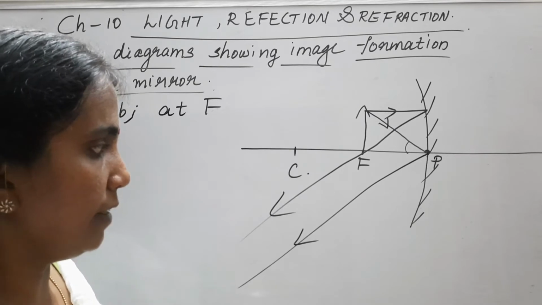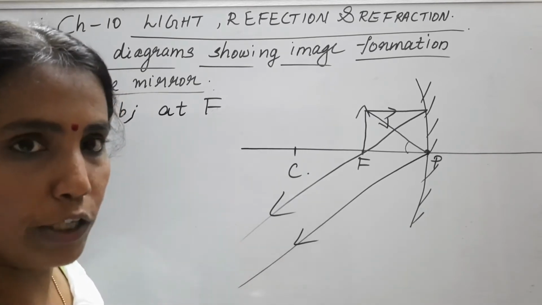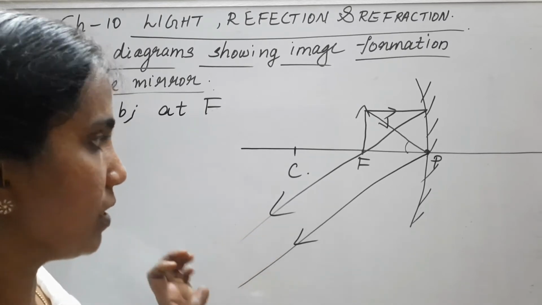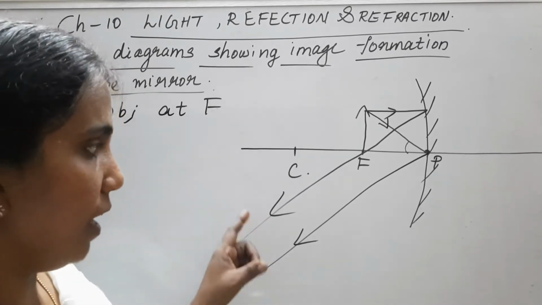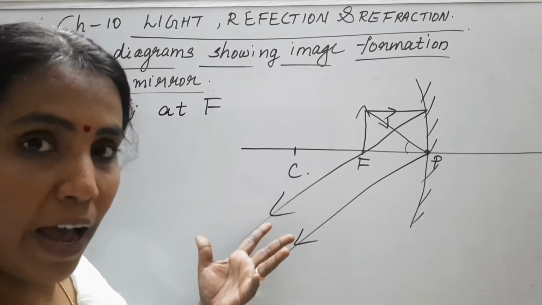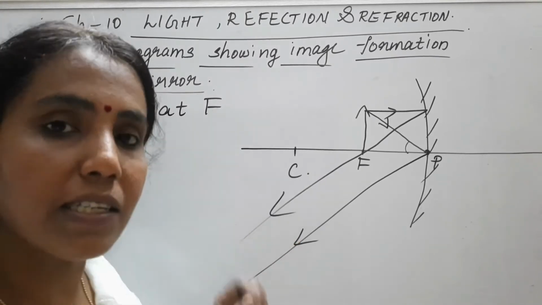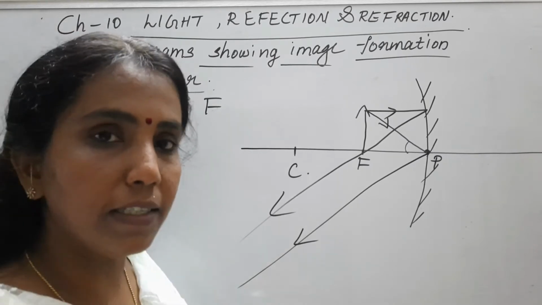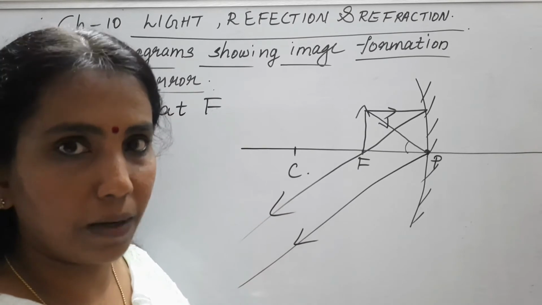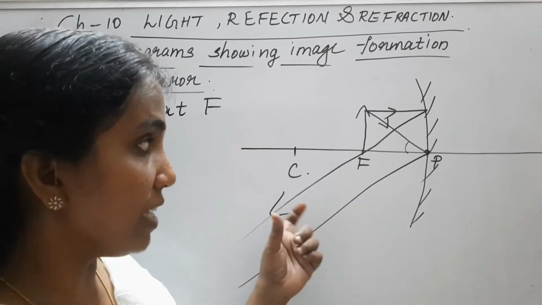A point to be noted: the reflected rays are not found to meet here. The reflected rays are parallel to each other, and in fact they meet at infinity, at a far distance from this mirror.